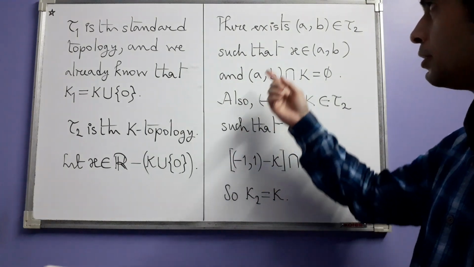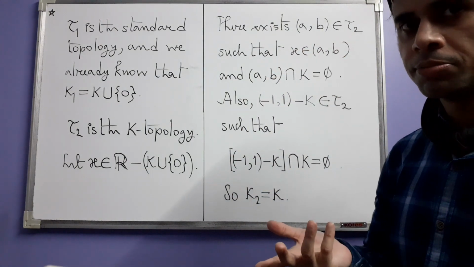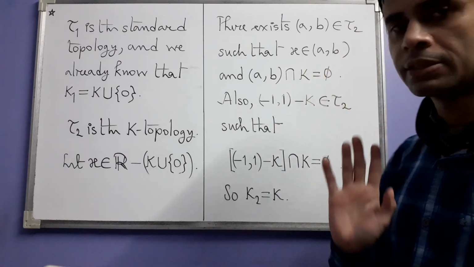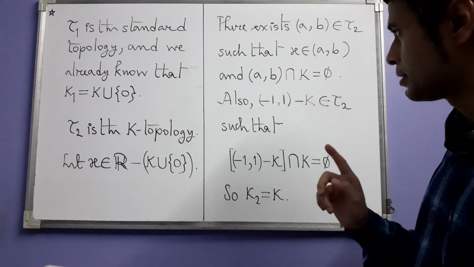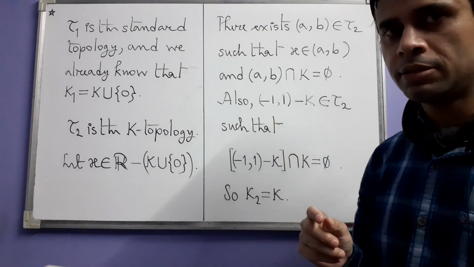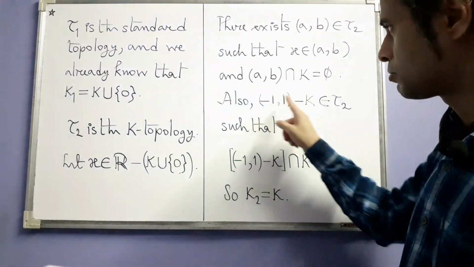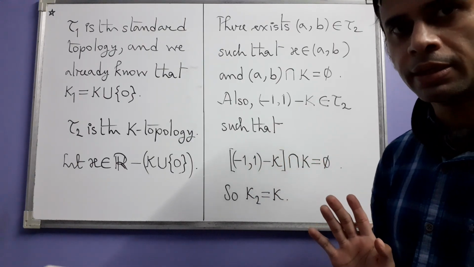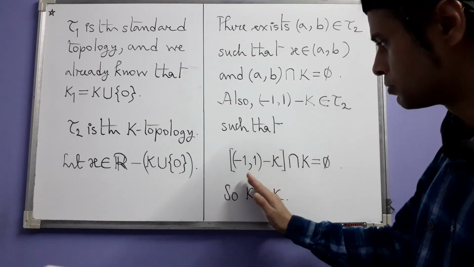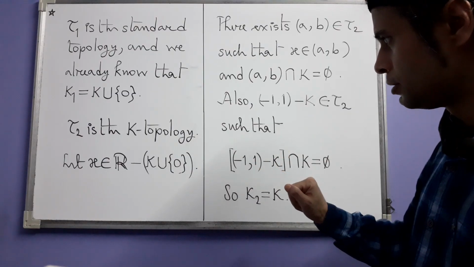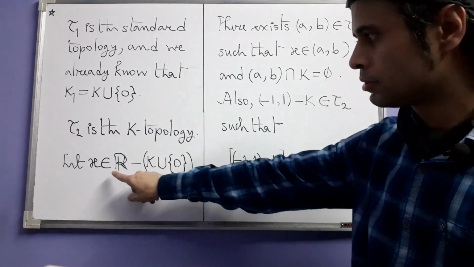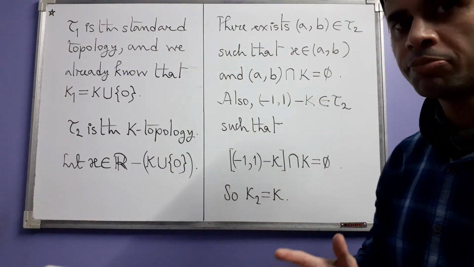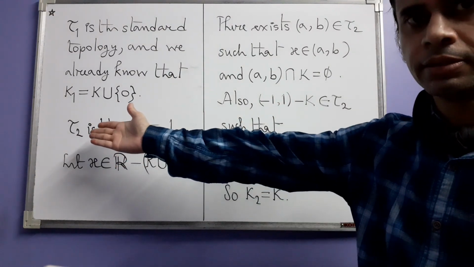Then one can easily see that there exists an ordinary open interval, and as such it will belong to tau 2, which contains x but does not intersect the set K. At the same time, you also notice this basis element which contains 0, the interval (-1, 1) from which K has been removed, such that obviously this one also does not intersect K. And that is why no point like this, as well as 0, is a limit point of K in the K topology, that is in tau 2.